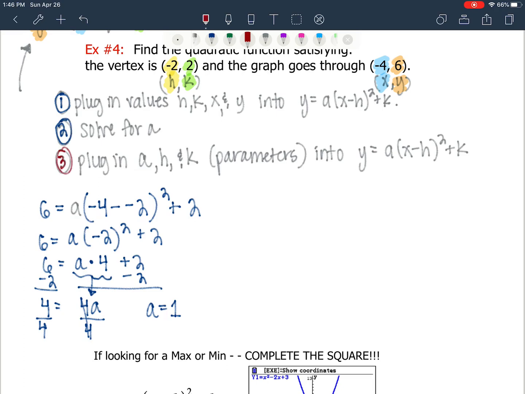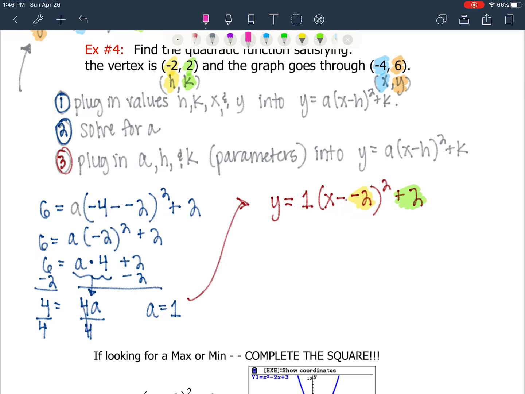Now step 3. I'm going to take these values and I'm going to plug them in. Y equals 1 times the quantity x minus -2 quantity squared plus 2. So in place of h, I put -2, and in place of k, I put +2.